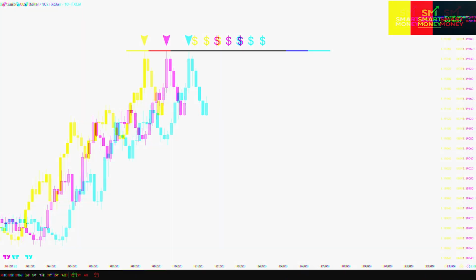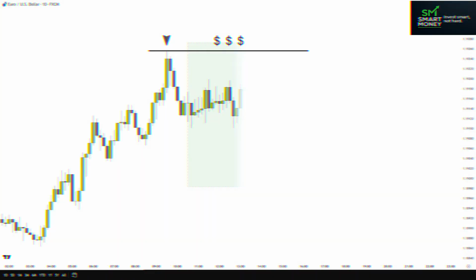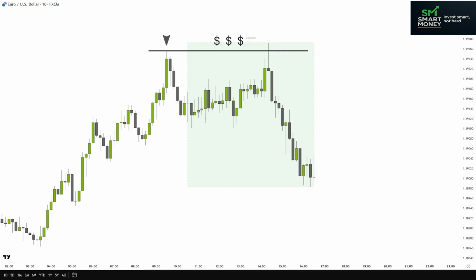During the London Killzone, the market frequently moves toward these areas to capture liquidity before making the real move. This is why traders often see false breakouts or quick sweeps of highs and lows during this time. Once liquidity is taken, the market may reverse and begin a strong move in the opposite direction. Understanding this behavior can help us identify potential entry opportunities.